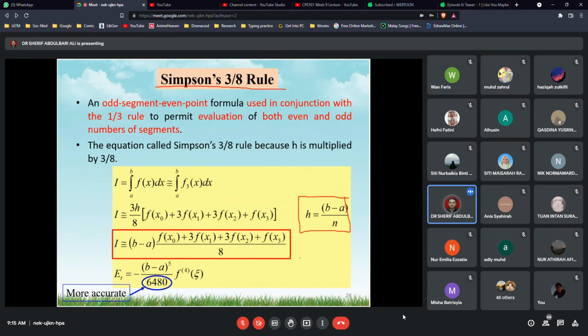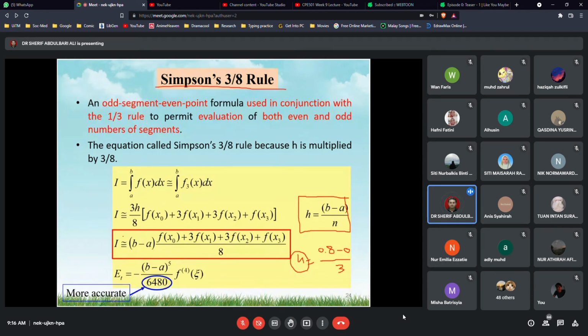For our example, h will be equal to 0.8 minus 0 over 3, because the single application of 3/8 will have 3 segments. So you can get your step size.